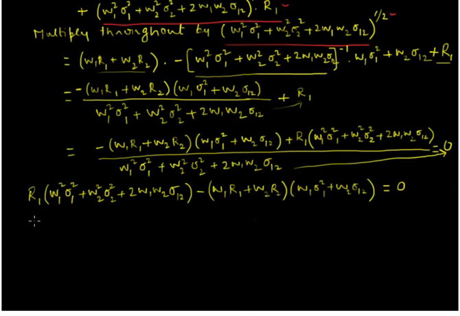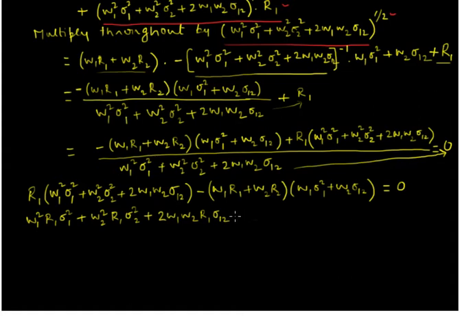R1 times this is going to give us W1 squared R1 times variance of 1 plus we are also going to have W2 squared times R1 times variance of 2 plus we are also going to have 2 times W1 times W2 times R1 times the covariance between 1 and 2. So we have multiplied out these items.